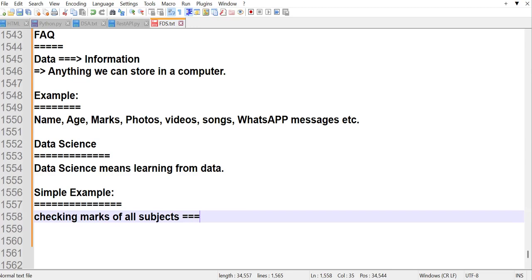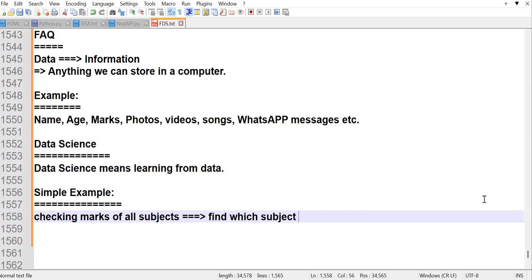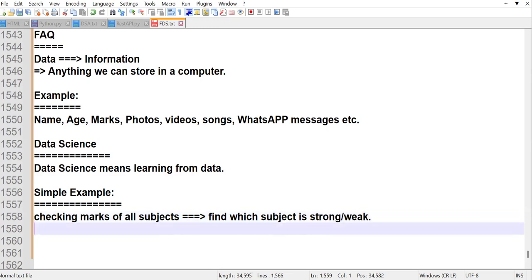If you check the marks of all your subjects, then you will find which subject is weak and which subject is strong based on the marks.